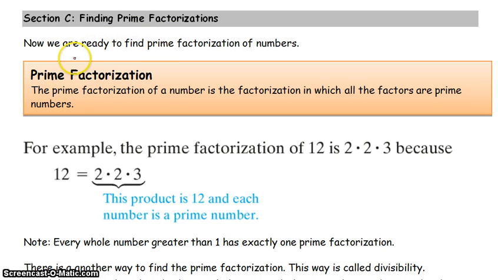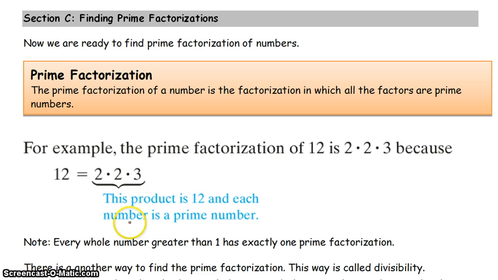Finding prime factorizations. Now we are ready to find prime factorizations of numbers. Prime factorization. The prime factorization of a number is the factorization in which all the factors are prime numbers. For example, the prime factorization of 12 is 2, 2, and 3. 2 times 2 is 4, times 3 is 12, which we are shown here. 12 is equal to 2 times 2 times 3.